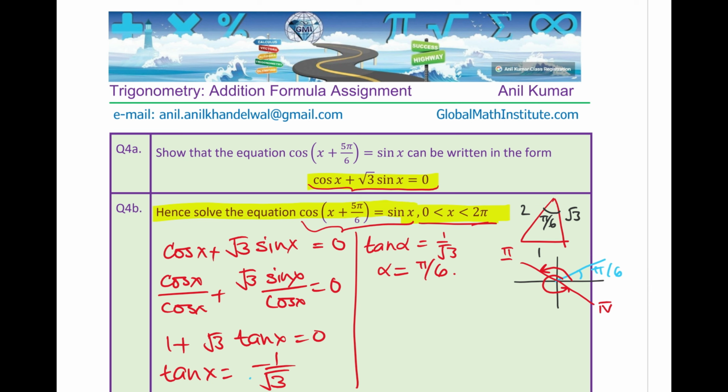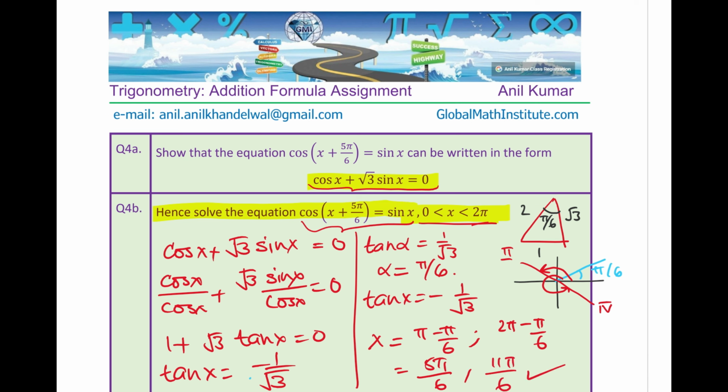And therefore, when we say tan x equals minus 1 over square root 3, we know x is equal to pi minus pi by 6, or it is 2 pi minus pi by 6, and that is, we have 5 pi by 6 and 11 pi by 6. Is that clear to you? So that is how we are going to answer this particular question. So I hope these steps are absolutely clear.